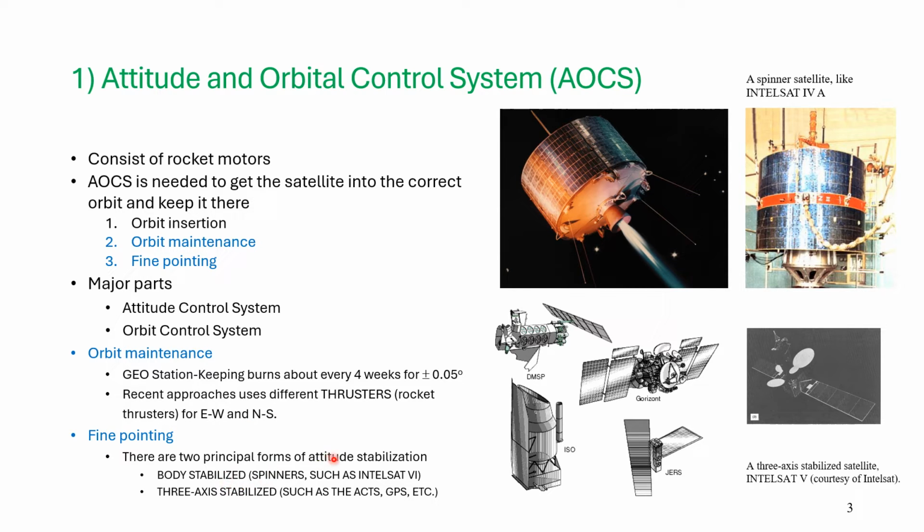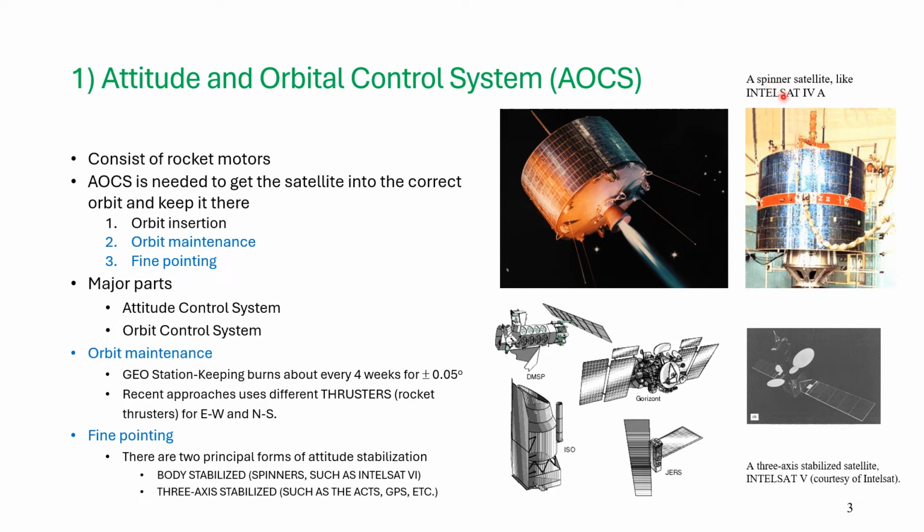There are two principal forms of attitude stabilization to control. The first is called the body stabilized, the spinners. These are the ones shown here. The satellite spins at a certain speed to maintain the right direction. And we have the 3-axis system stabilized, which is the one shown here.